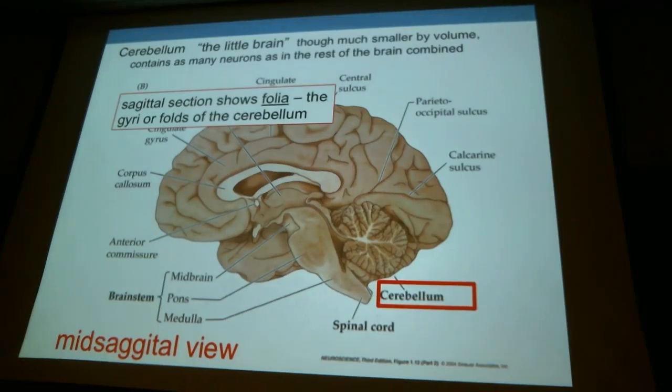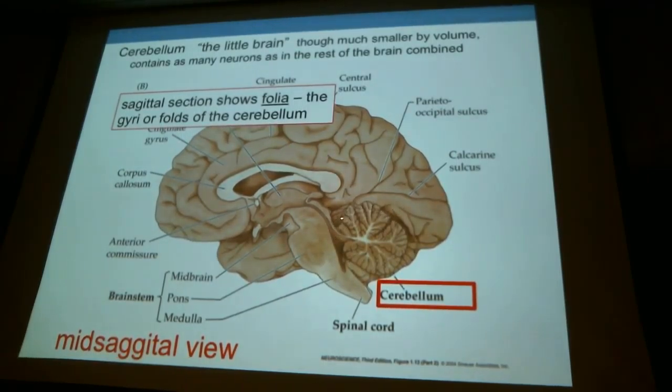And what you don't really see here is the peduncles. So there are these two dense superhighways that go up from about this level, kind of midbrainish, to the cerebellum that you don't really see. But what you can see really well is this cut through the cerebellar hemisphere.